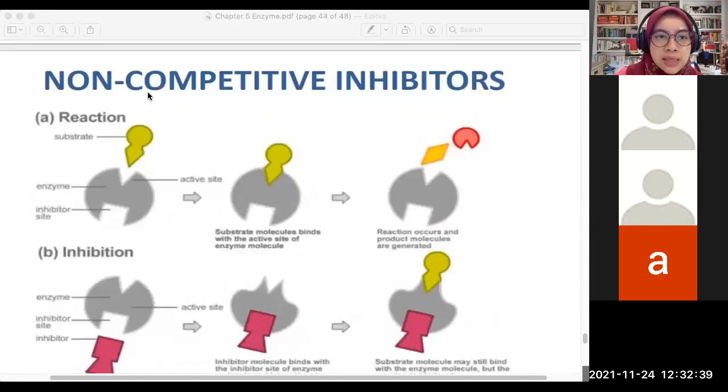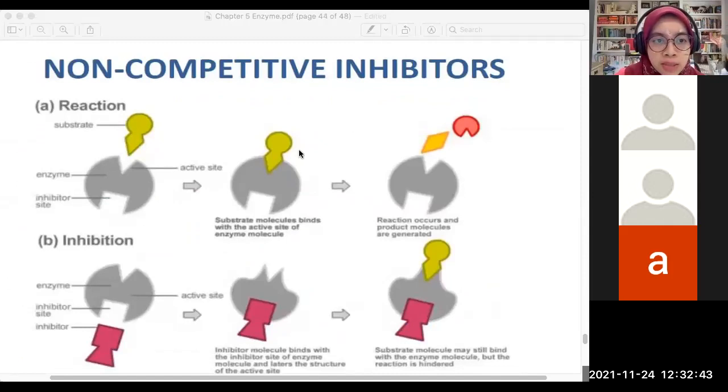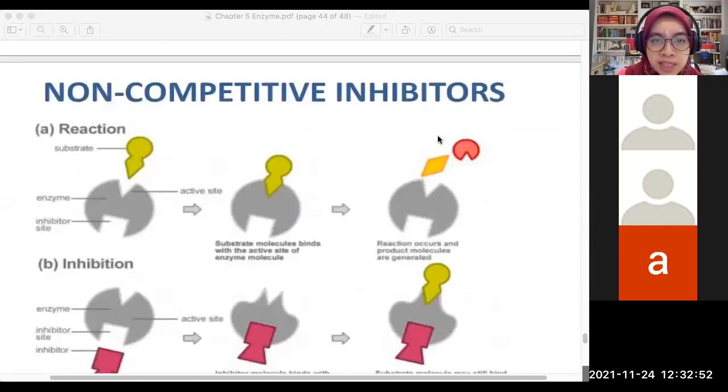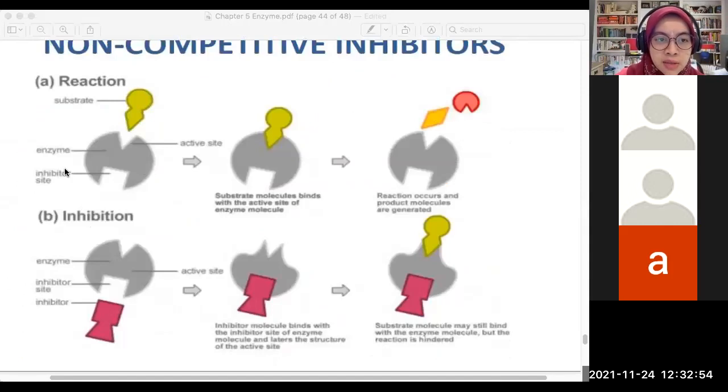This is the example. In a normal reaction, the substrate binds to the active site and turns into product. But with a non-competitive inhibitor, the enzyme has an inhibitor site, or what we call the allosteric site just now. The inhibitor binds to the allosteric site.